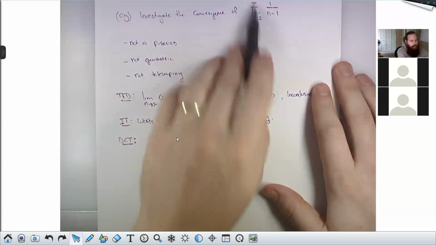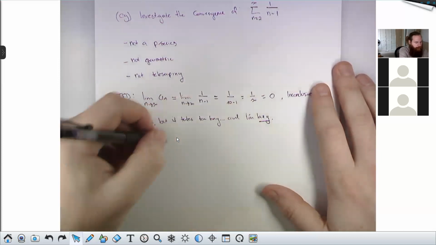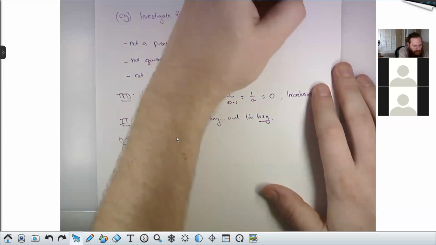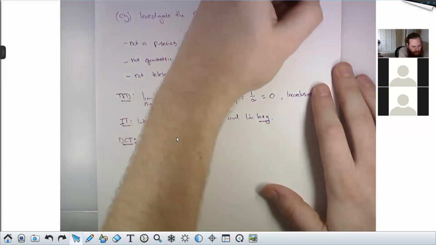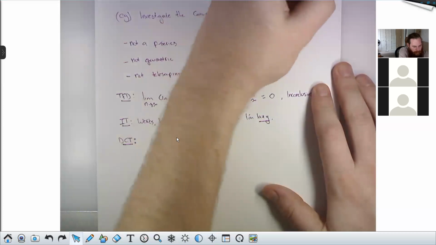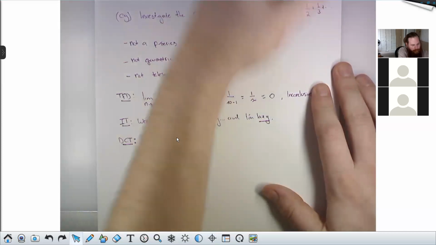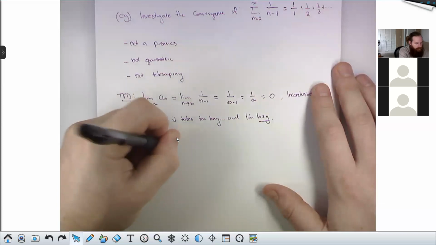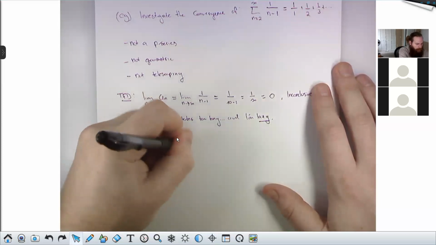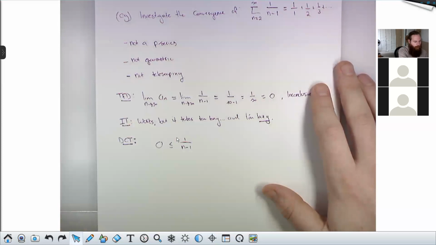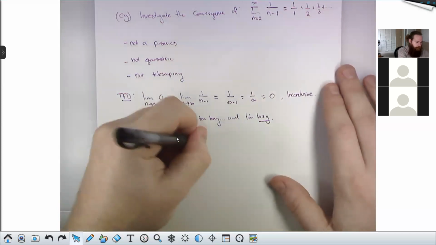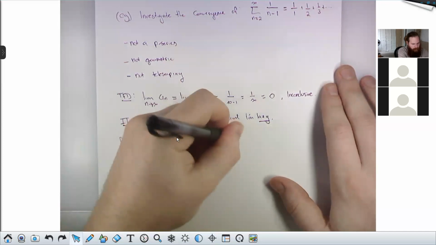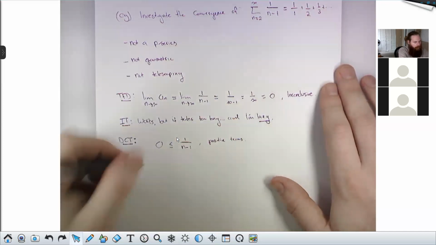As n goes from 2 to infinity, 1 over n minus 1 is positive, right? This looks like 1 over 1 plus 1 over 2 plus 1 over 3, and so on. So these are positive terms. Observe that 0 is less than or equal to 1 over n minus 1. That's true, so we do have positive terms. But more is true than that.